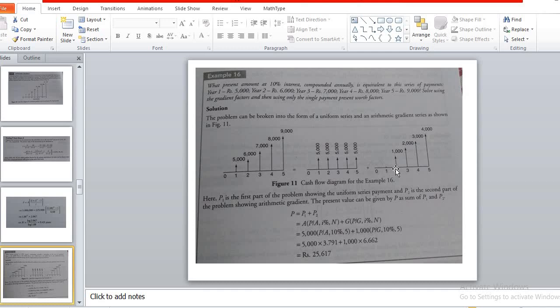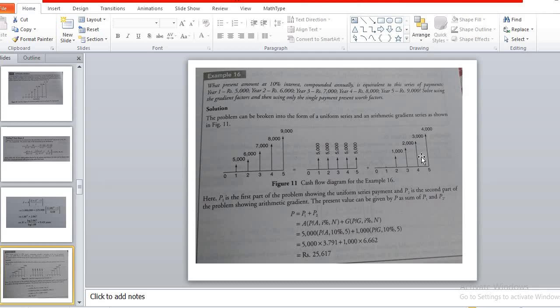So after each step period there is an increment, 1,000, 2,000, 3,000, 4,000, like that. This gradient we consider as an arithmetic gradient.